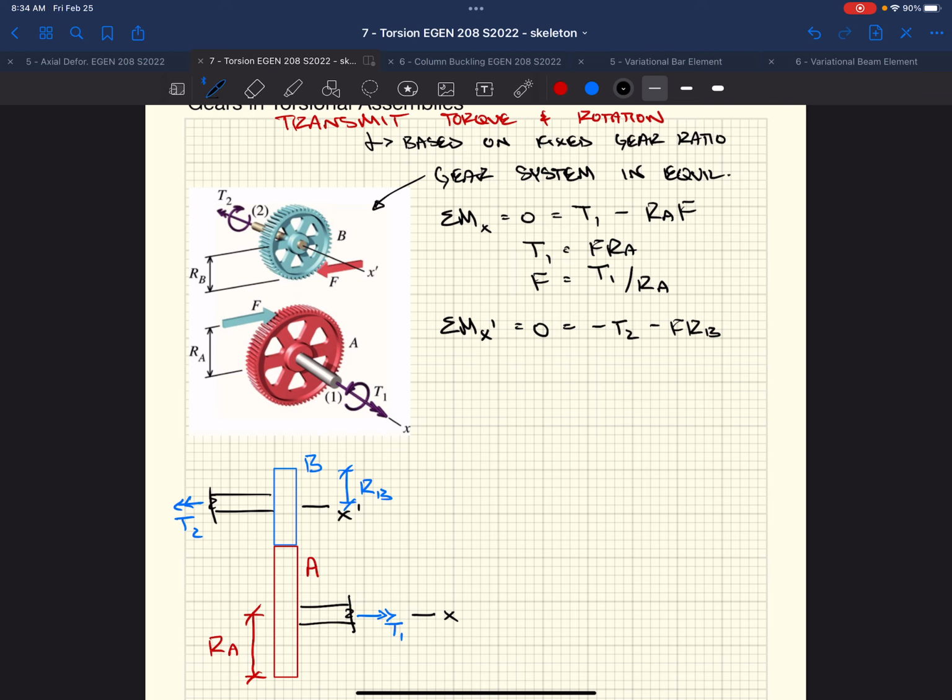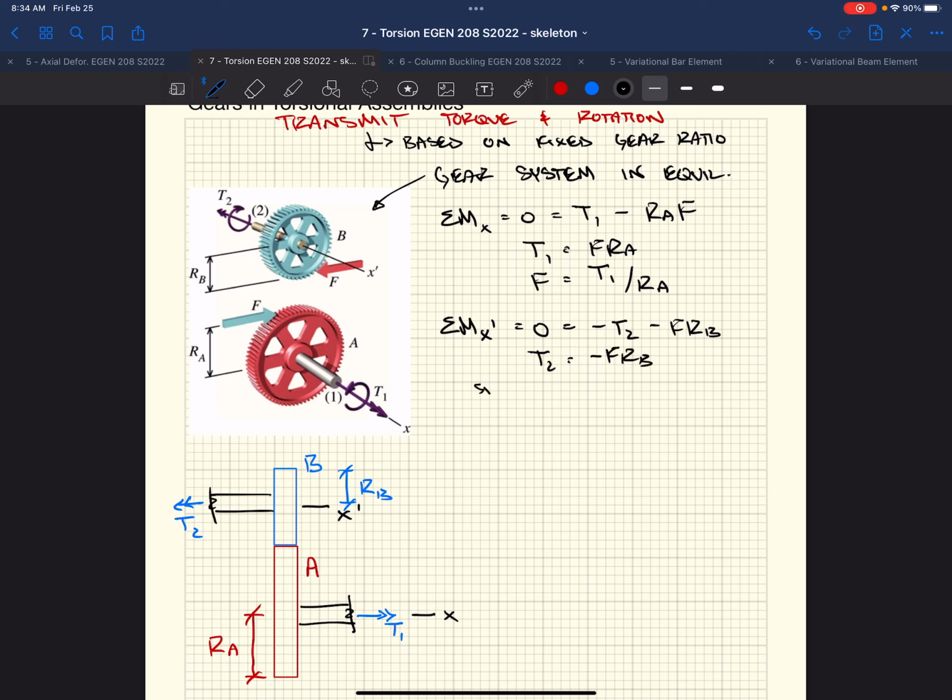Well, F that we have here is acting at a moment arm of R sub B, and if we use the right-hand rule, it's also acting in the negative X direction. So we get our equilibrium equation to look like that. Now we know that T2 is negative F R sub B.